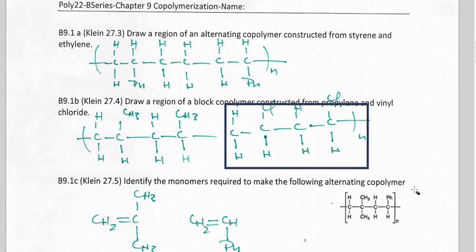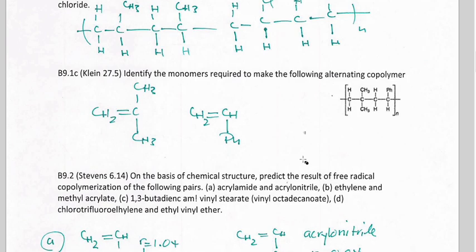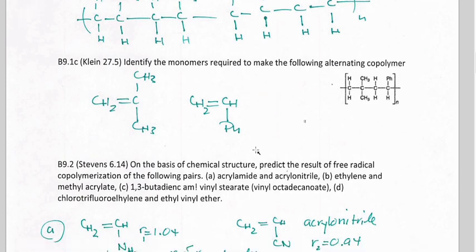So it's an example of a couple units of propylene and a couple units of vinyl chloride. Now in part C, a polymer was given to us and we were asked what monomers we used. The first one that you can see is isobutylene, and the other repeating unit is the styrene. So we have the two monomers.